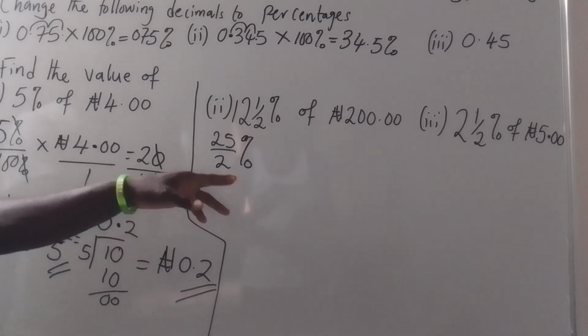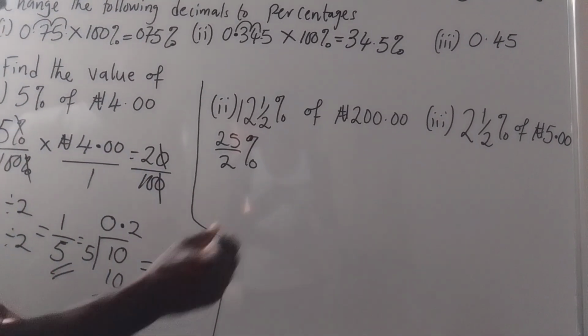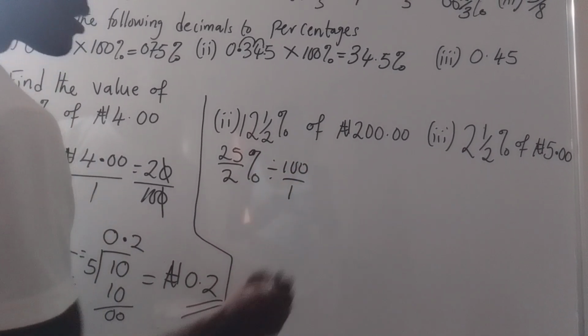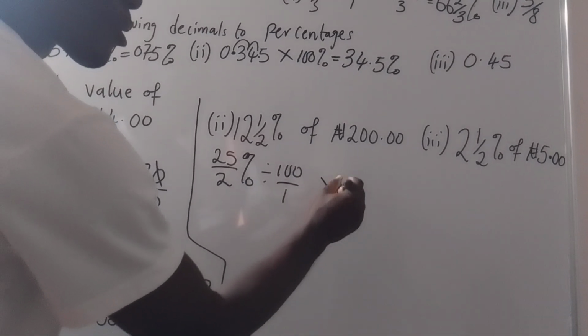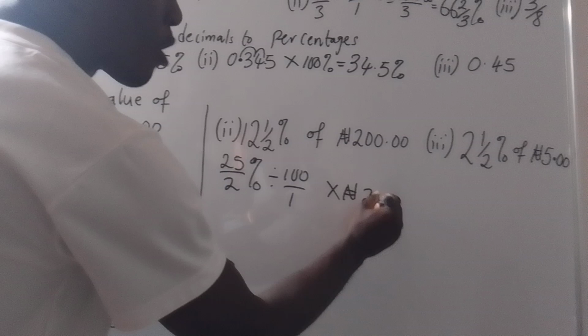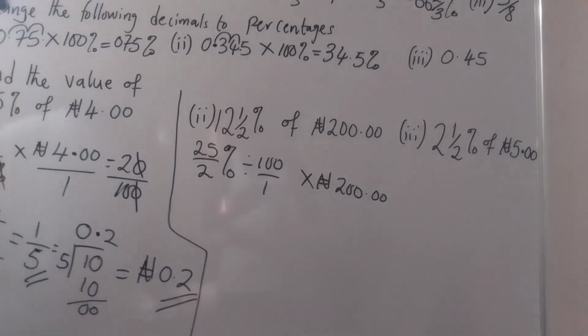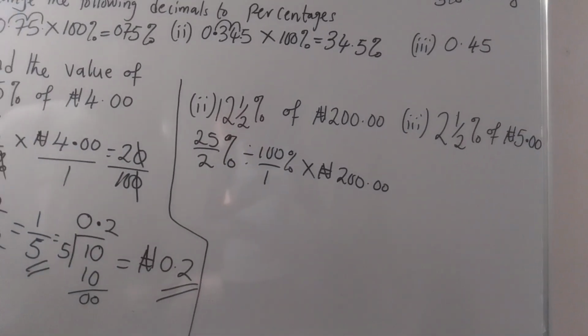Now, because of this percentage, we are dividing by 100. Permit me to put divide by 100 all over 1. Of means multiplication of 200 naira, 0 kobo.